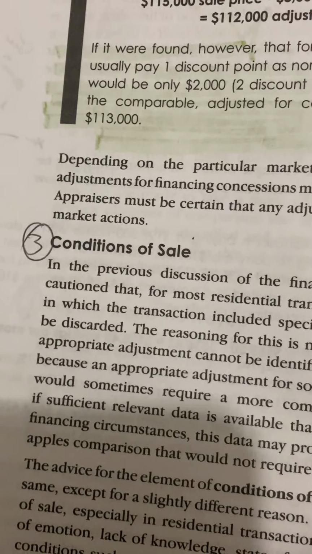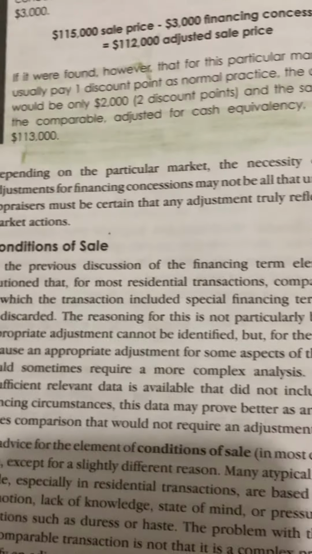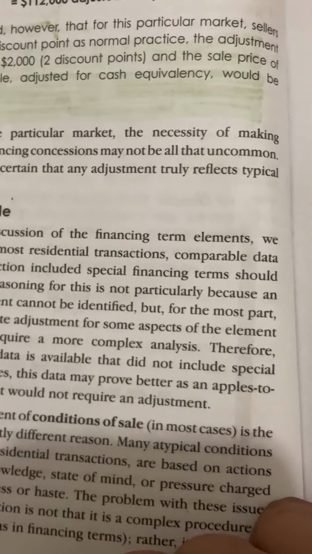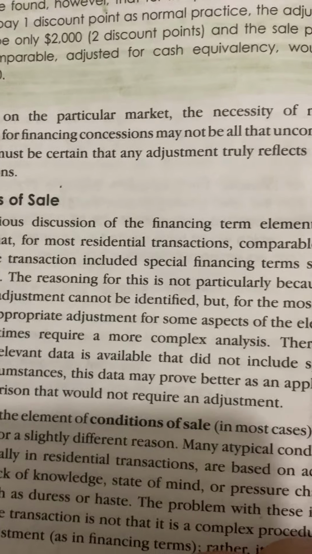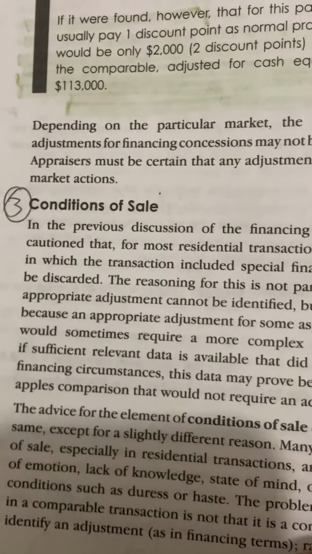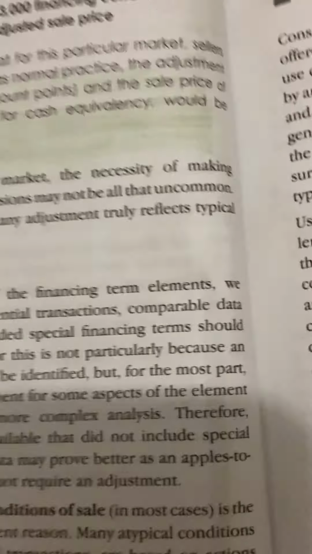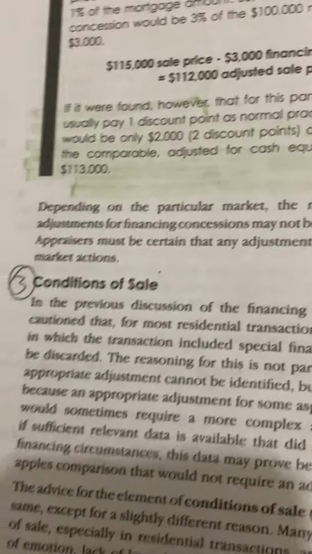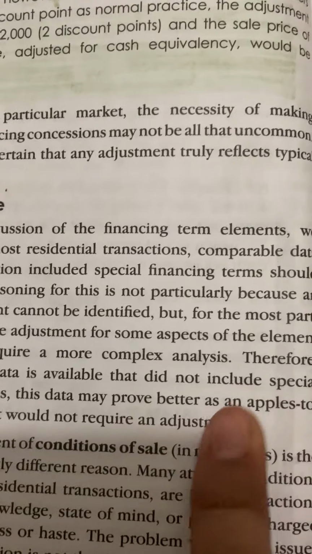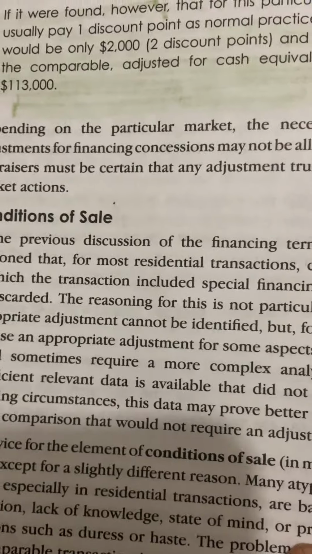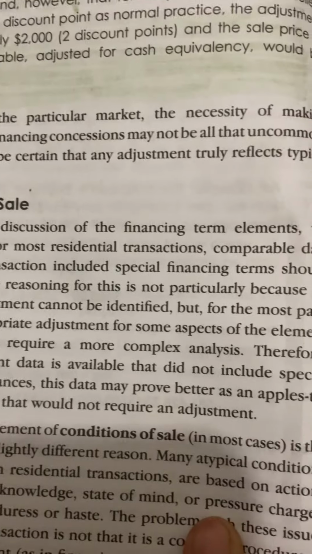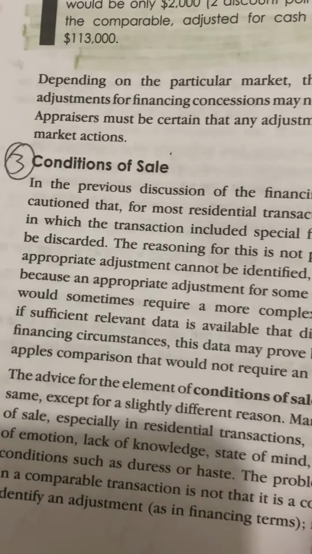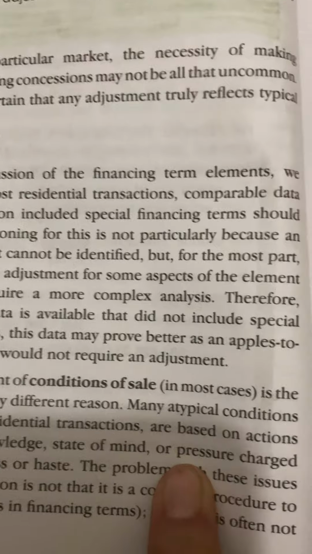3. Conditions of sale. In the previous discussion of the financing term elements, we cautioned that for most residential transactions, comparable data in which the transaction included special financing terms should be discarded. The reasoning for this is not particularly because an appropriate adjustment cannot be identified, but for the most part, because an appropriate adjustment for some aspects of the element would sometimes require a more complex analysis.